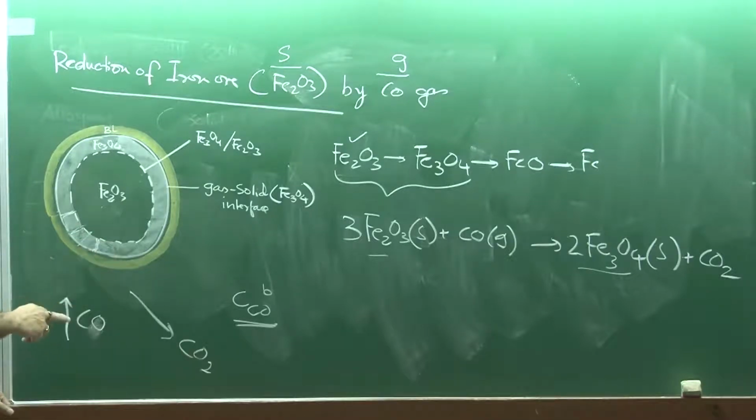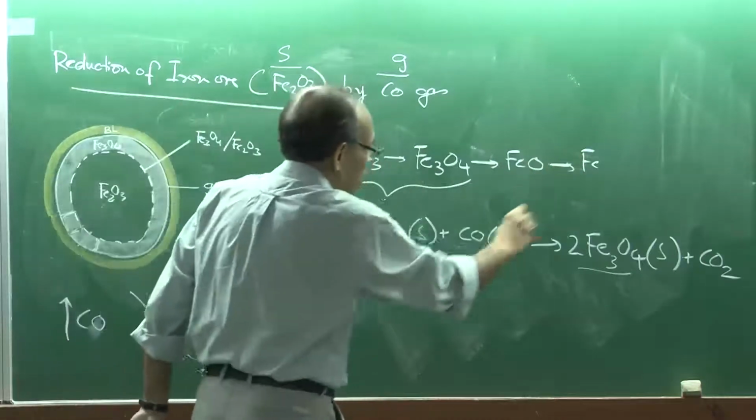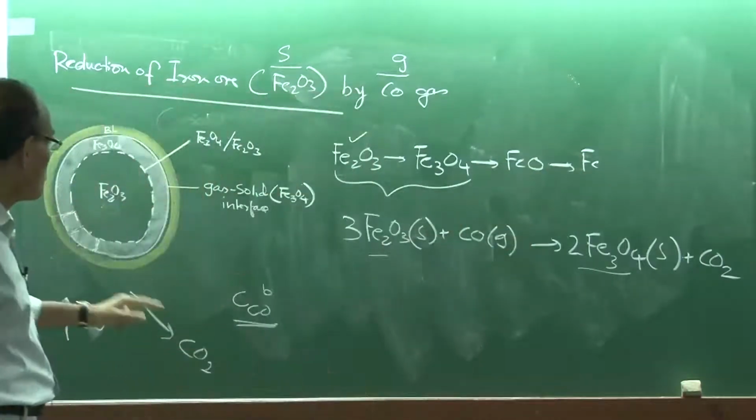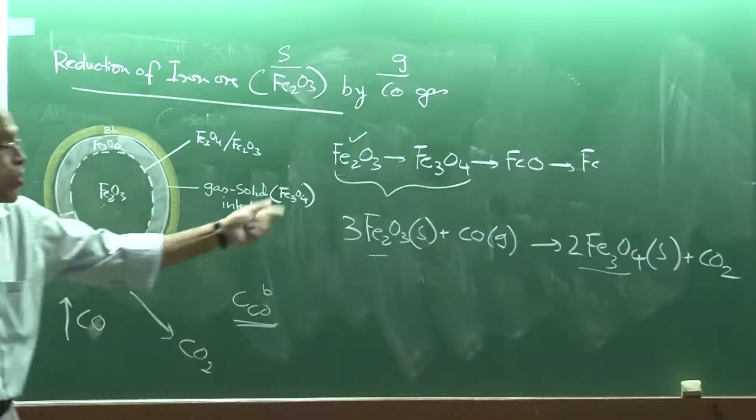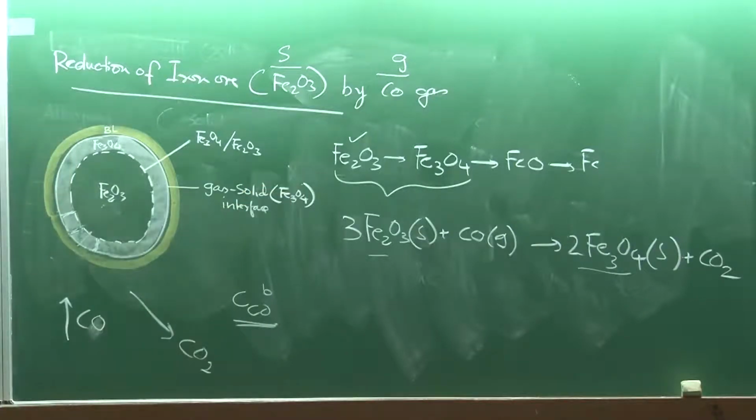And then once the transport takes place, carbon monoxide sees Fe2O3, and thermodynamically the reaction can travel in the forward direction, the favorable condition has been created, and we want the reaction to proceed from left to right. Now, there are 3 steps so far: transport across the boundary layer, diffusion through the solid layer, and then the chemical reaction.